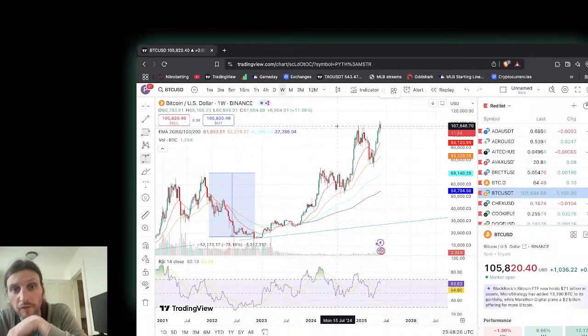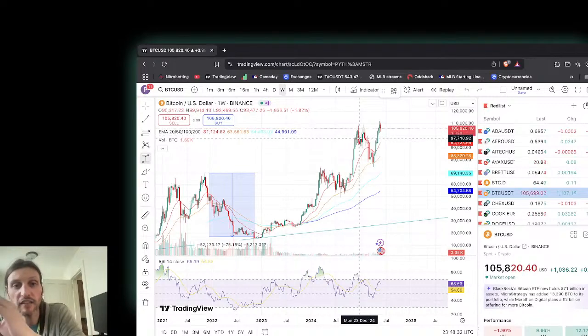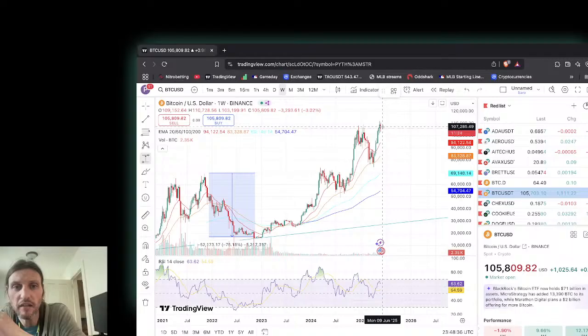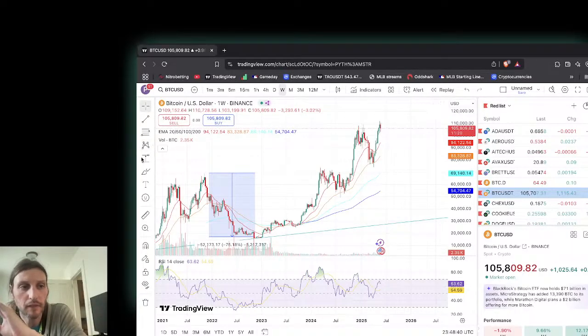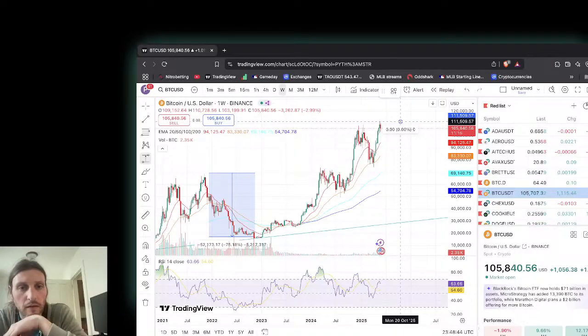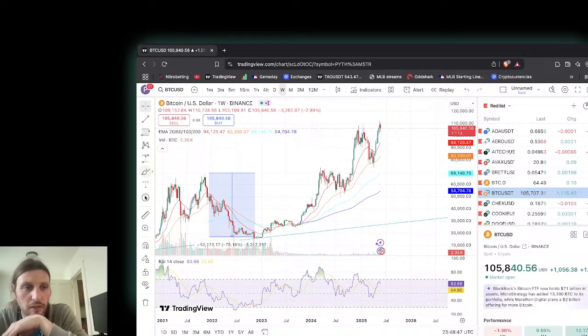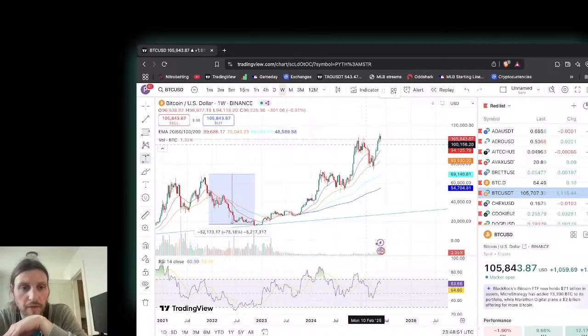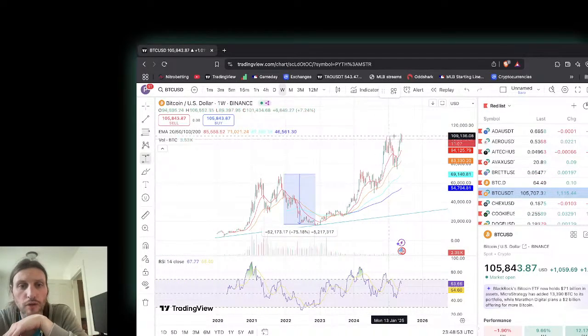From here, we went from 109 to 112. So basically the same exact scenario replaying. Now let's put in a 75% drop from the cycle high, if this is the cycle high. This is where the trend line that has been holding since 2020 comes into play. All right, ready for this, guys?